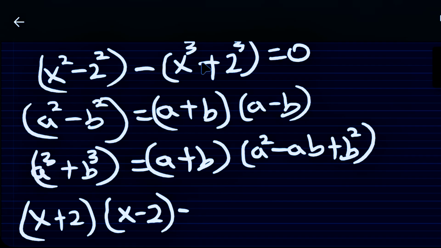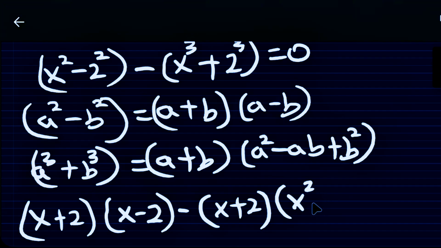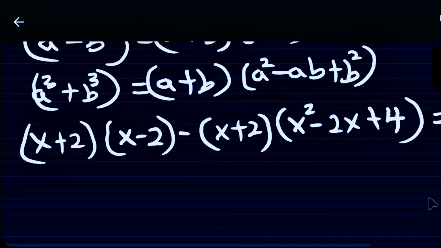Now let's expand this one in this form. We have a plus b, which is x plus 2. Now we open parentheses: a squared will be x squared, minus ab is 2x, then plus b squared. b squared will be 2 squared, and that equals 4, and all this equals 0. So this is what we have here.